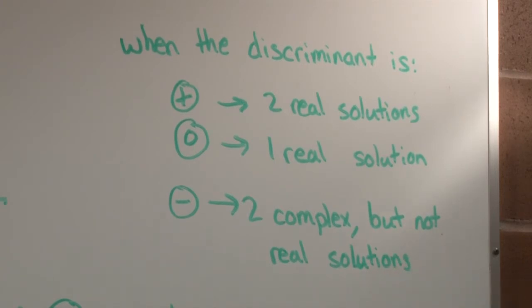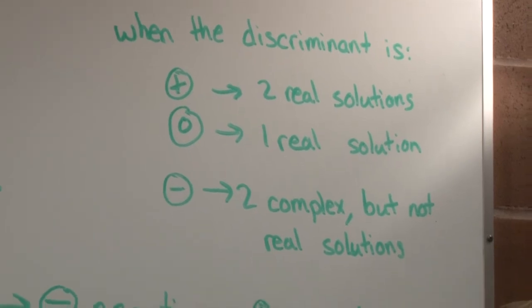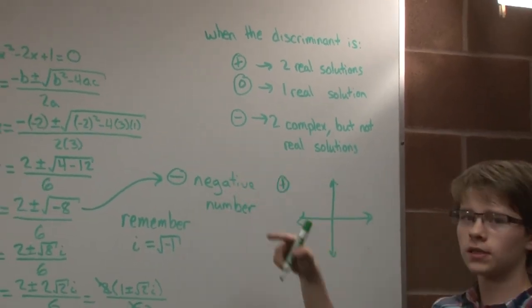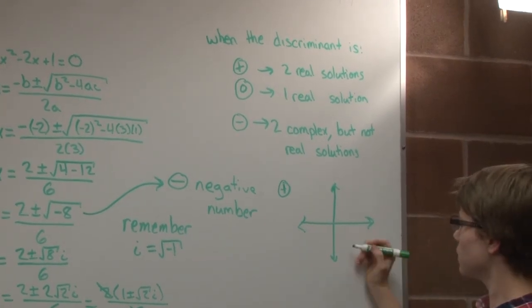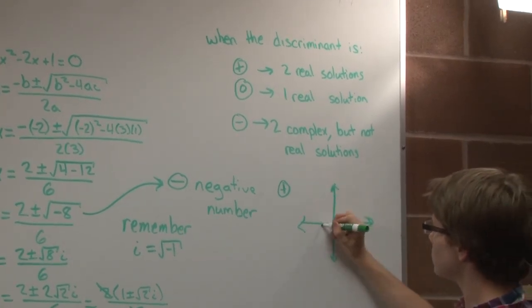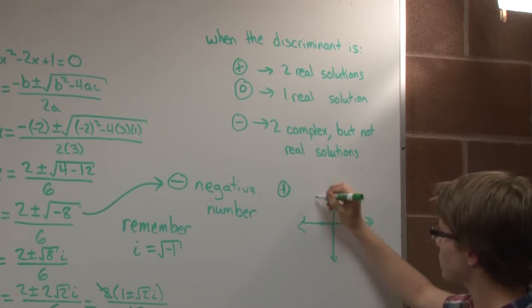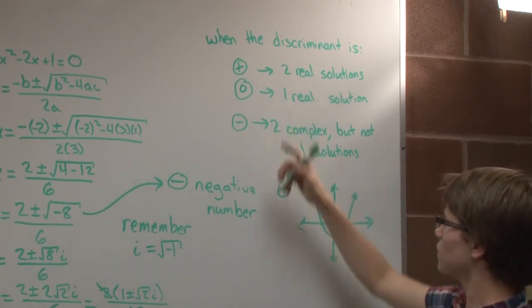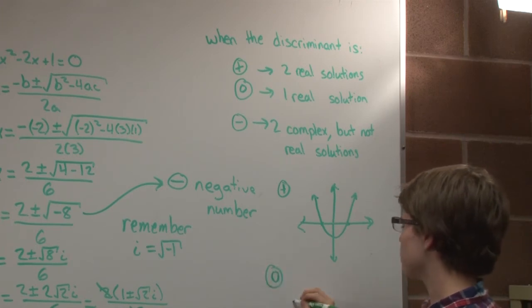And if you think about this graphically, when we have a positive discriminant, just as an aside, when we graph a quadratic, it looks like a parabola. And so if we have two solutions, it's going to intersect the x-axis twice. When the discriminant is 0, we have one real solution.